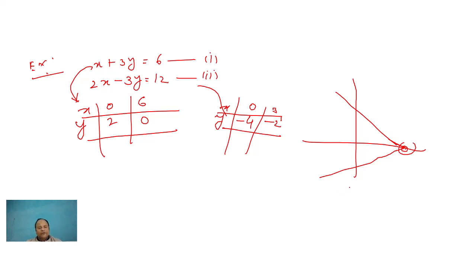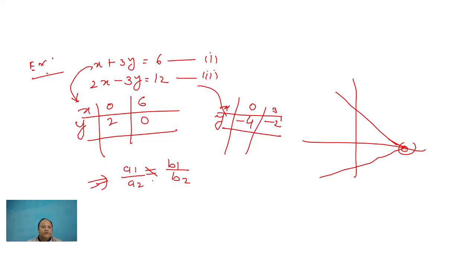This is by the graphical method, and we can also check whether our pair of equations is consistent or not with the help of coefficient ratios. a1 upon a2 is not equal to b1 upon b2. If this condition is valid, then our pair of equations is consistent, and the solution will be unique.